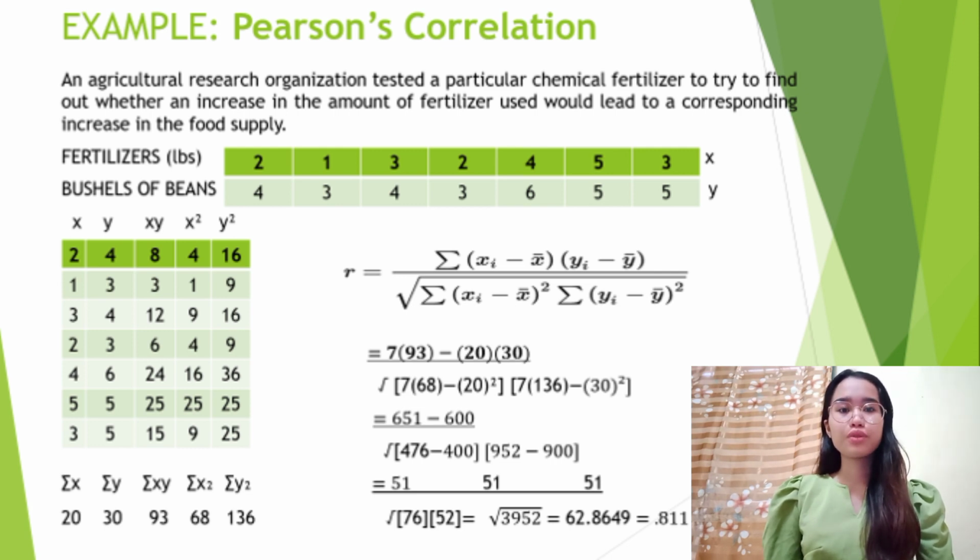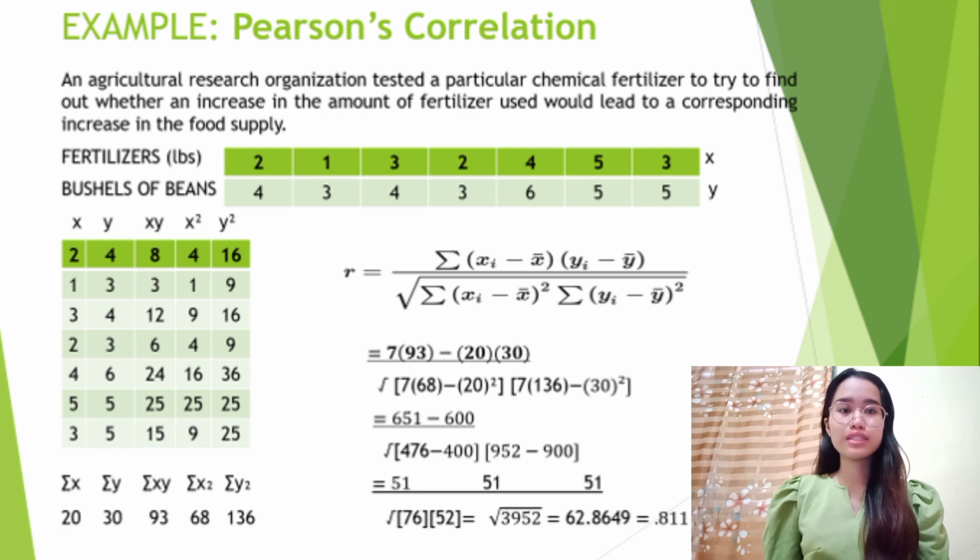So the next step will be 651, take away 600, that is going to give you 51, divided by 476, take away 400, that's going to give you 76. 952 take away 900, that's going to give you 52. Let's rewrite 51 divided by 76 times 52 is going to give you 3,952.